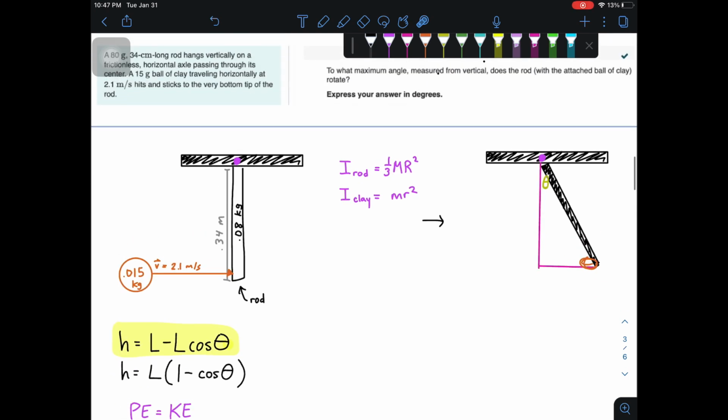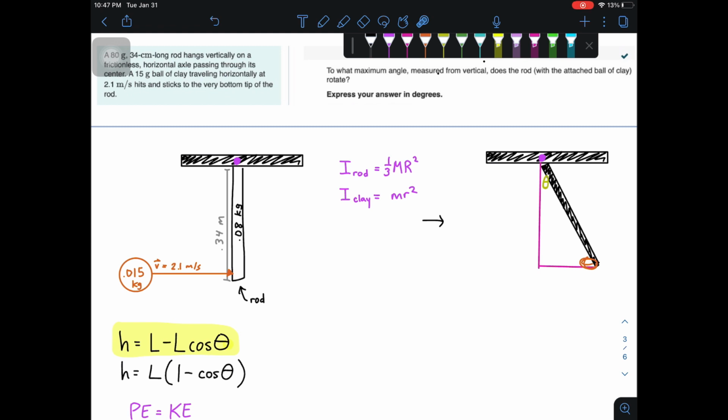So we'll see that we can come up with an equation for height in this case. Height would be the length minus the length times cosine theta. Theta is the angle that we're looking for. If we isolate L, then we can see that H will be equal to L times 1 minus cosine theta.